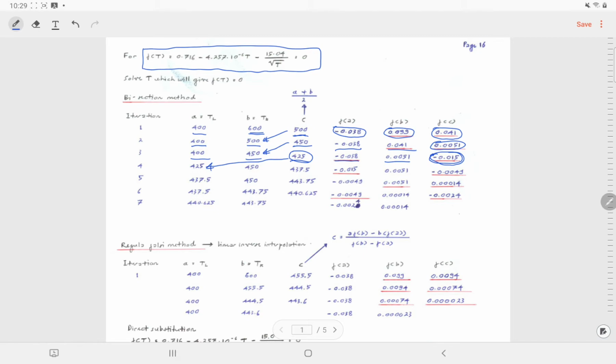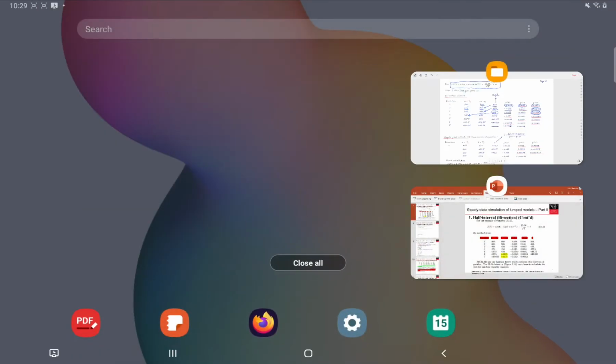After 7 iterations, for example, we will get around 440 something. Then I shall go back to the slides again.